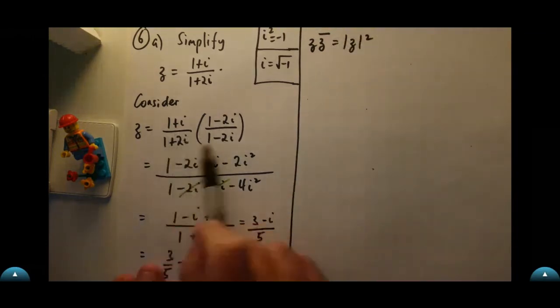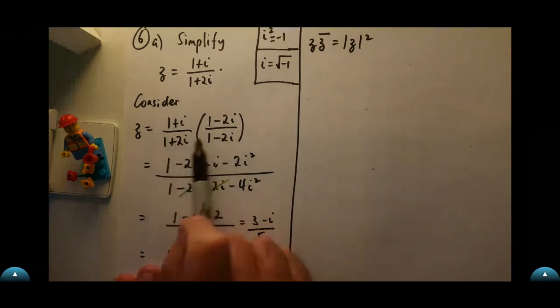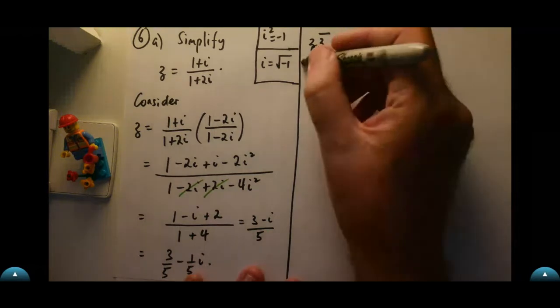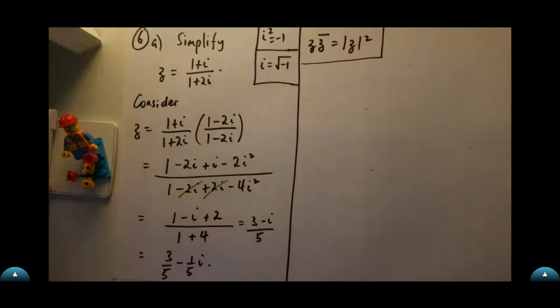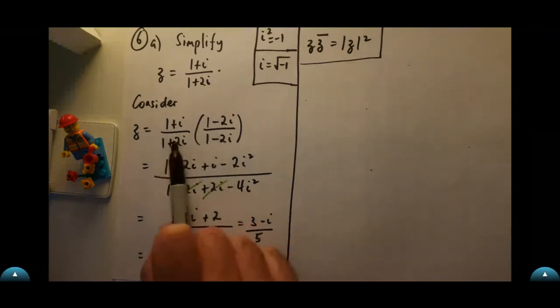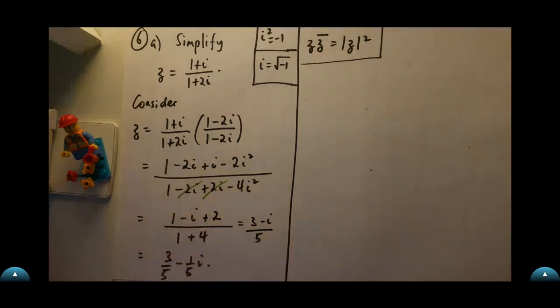Okay, so for example, in the bottom part, it would just be 1 squared plus 2 squared gives you 5. So that's a real nice little time saver. You don't have to worry about writing all this stuff out. You just say, okay, well, that times the conjugate, you just square the coefficients or the real and the imaginary part and add them together. Okay, so that's your time saver there. All right.